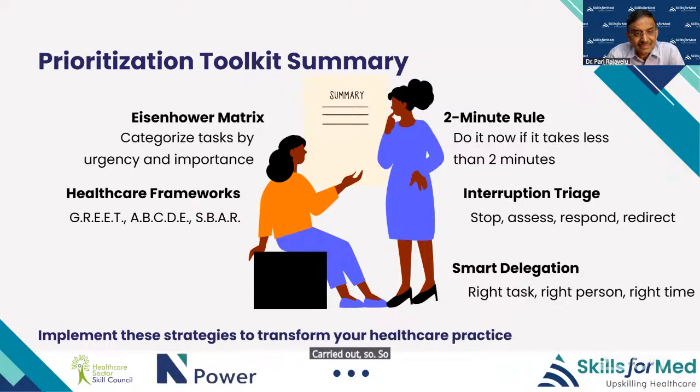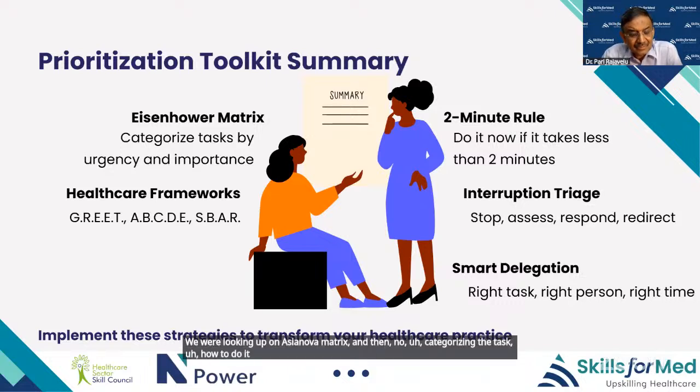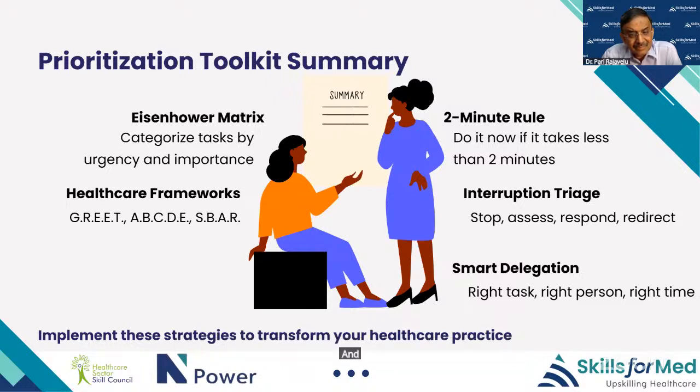Coming to the summary part of prioritization, we looked at the Eisenhower matrix and categorizing tasks, looking at urgency and importance. We looked at the healthcare frameworks: GREET, ABCD, ISBAR, and the 2-minute rule.